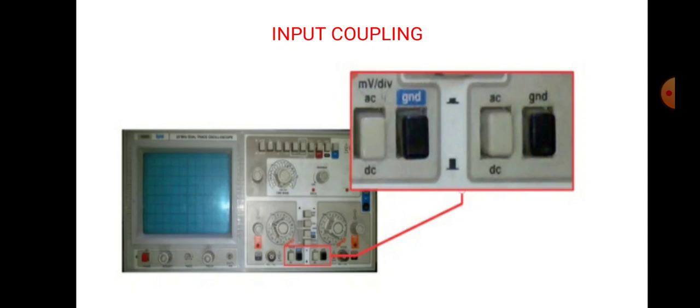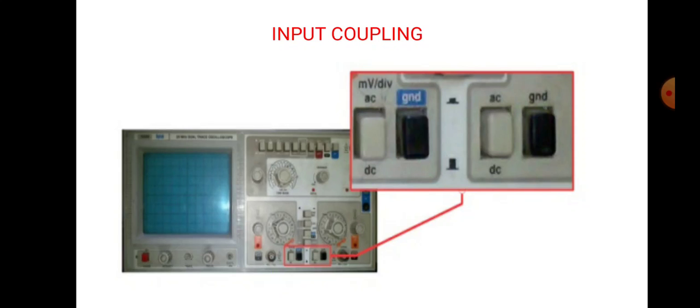Now input coupling. What do we mean by input coupling here? These are the two input options. Coupling is used to connect an electrical signal from one circuit to another circuit.